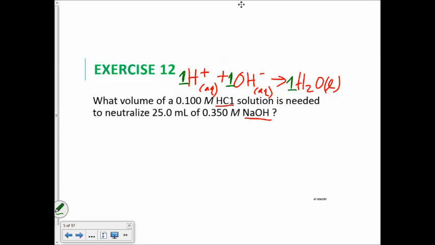So here, my starting amount, what volume of the 0.1 do I need? The first thing I need to figure out is how many moles of the hydroxide need to be neutralized. Okay, so let's go there. Starting with our 0.0250 liters, 0.350 moles per 1 liter.